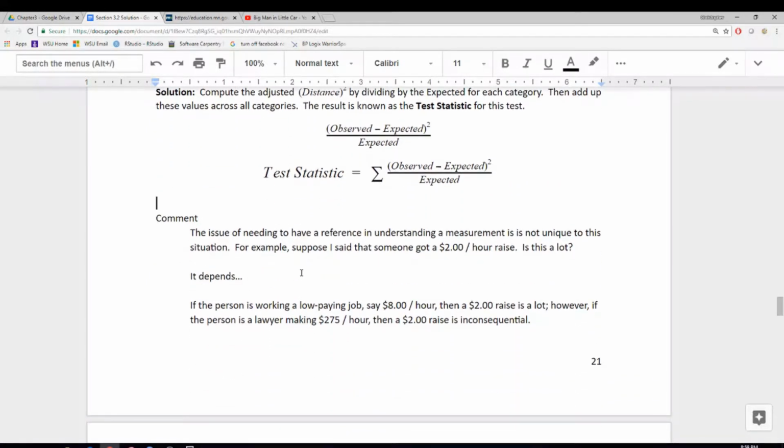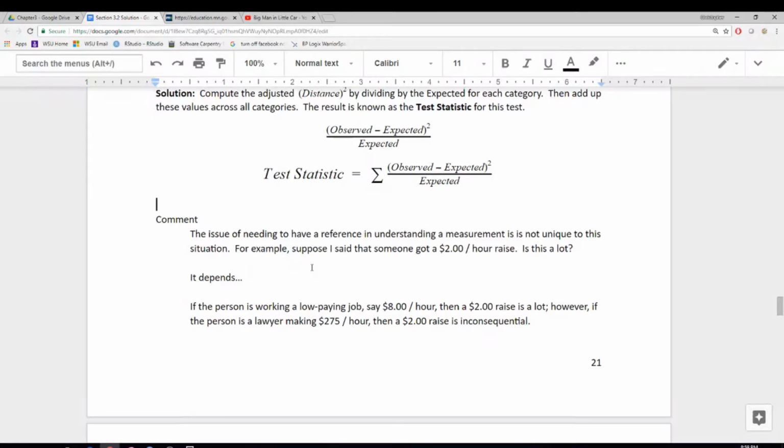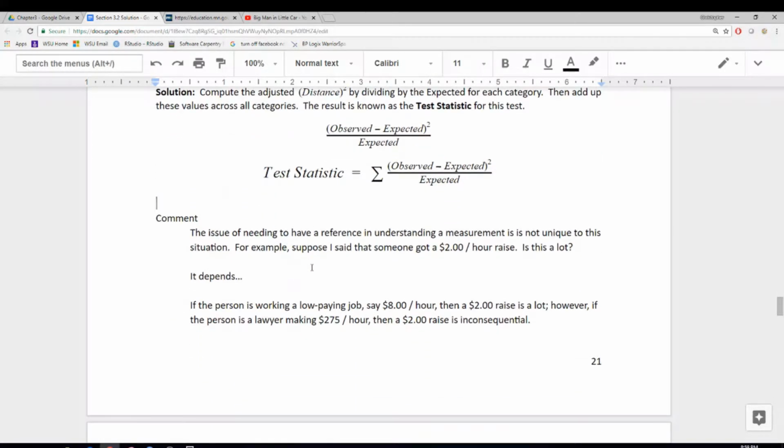Now, just a quick comment here. The issue of needing to have a reference in understanding a measurement is not unique to this situation here. Let us, for example, suppose that I said someone got a $2 an hour raise, and I ask you whether or not that's a lot.